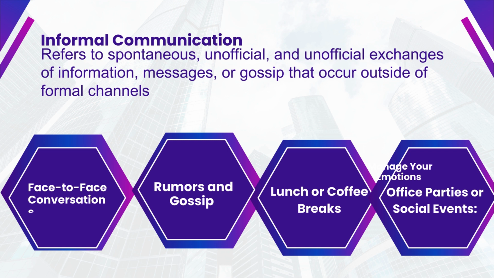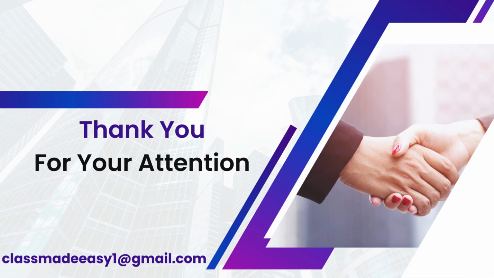Part of what we could call informal communication could be face-to-face conversations, for example, in a social setting with a friend, what we call rumors and gossip, lunch or coffee breaks, and then also office parties and other social events. Those are avenues where we can have informal communication.